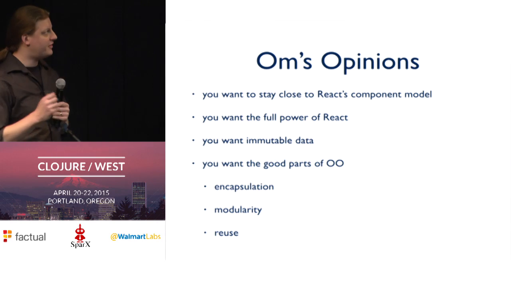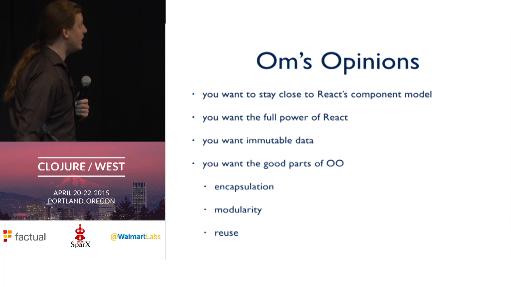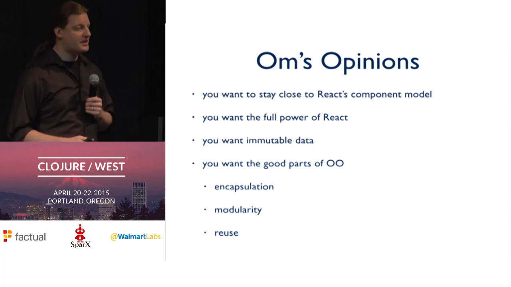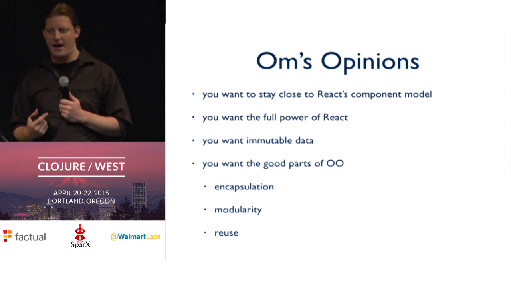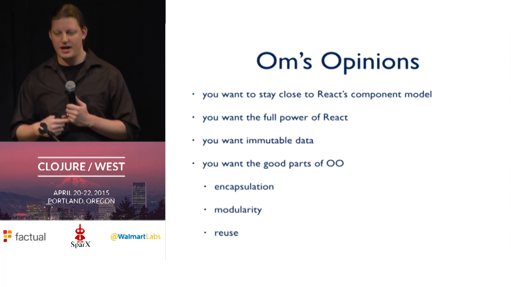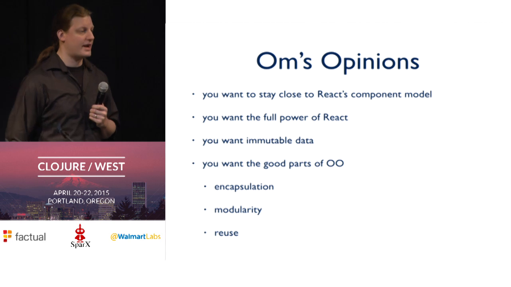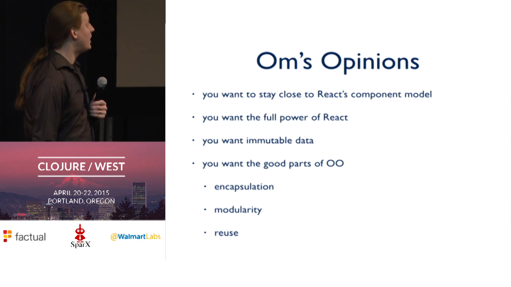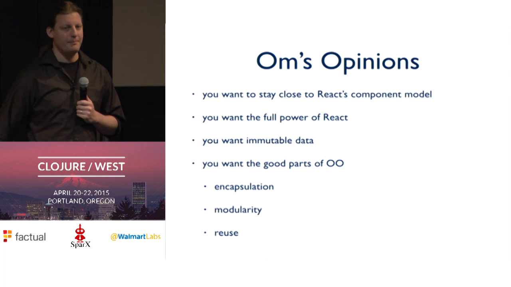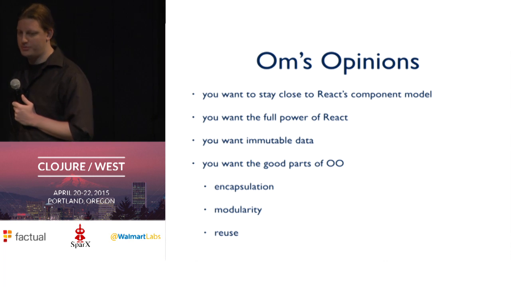So there are a number of opinions that Ohm has. You want to stay pretty close to React's component model. They like the component model. You want to operate in that way. You want to define components, which are kind of like objects. You want the full power of React. You don't want to eliminate anything that React gives you, and you want to expose all of that. But you do want to work with immutable data, which is a key tenet of Ohm as well.